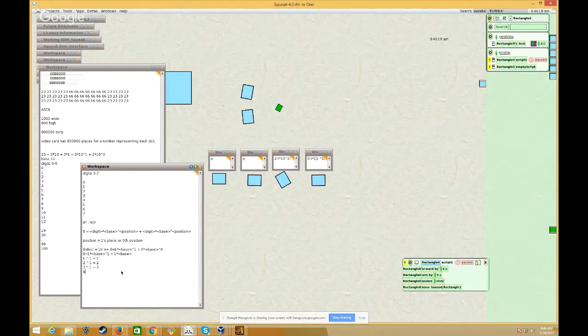So if 8 equals 1 times base to 1 and base to 1 equals base, then 8 equals 1 times base. Well, that's easy. Any 1 times anything is just itself again. So I can just get rid of the 1 and say 8 equals base. All right, so now we know what base we're in.